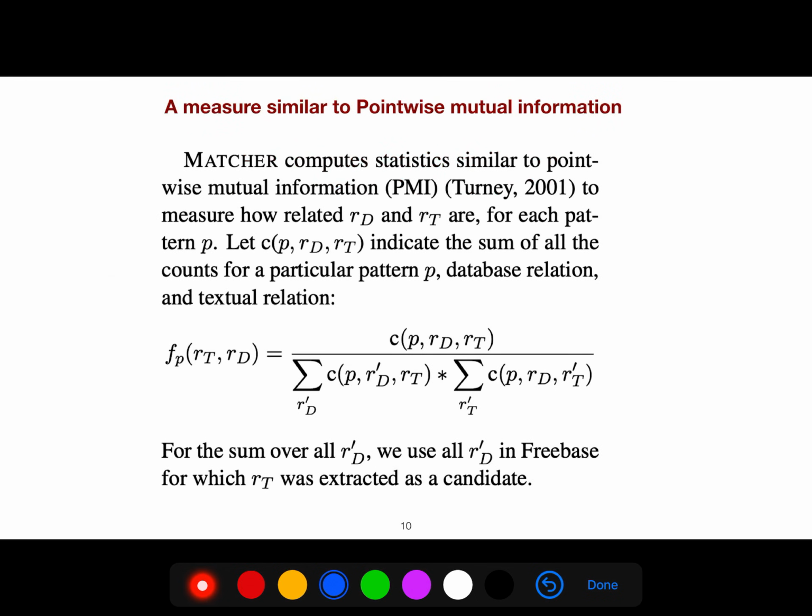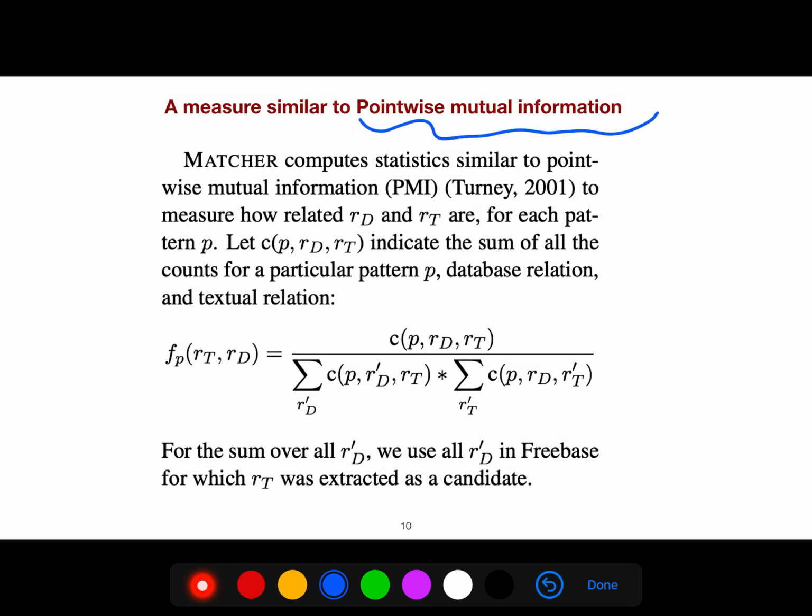A measure similar to pointwise. The thing that I enjoyed in this article is this pointwise mutual information. You know, I've talked about mutual information in my playlist for information theory of deep learning. And here we have pointwise mutual information.